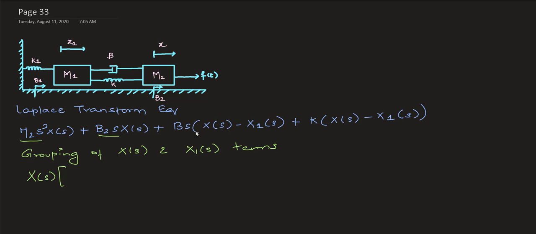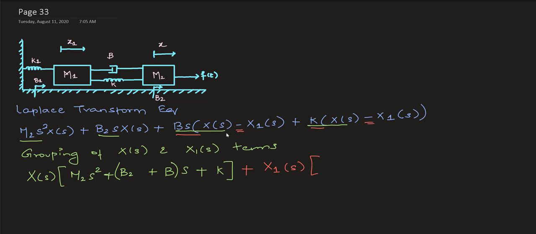And in this question, as it is given that we are required to find x of s by f of s, we are going to do it. So I did not write that in the question because I just wanted to tell you that f of s is my input always. That is not going to change, but my output can be either x1 of s or x of s because both are the displacement due to force f of t.